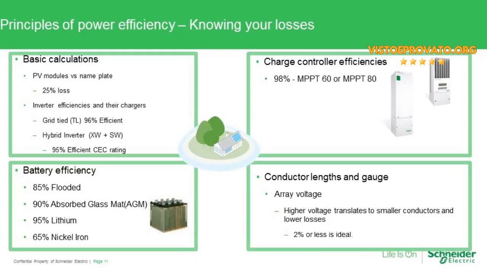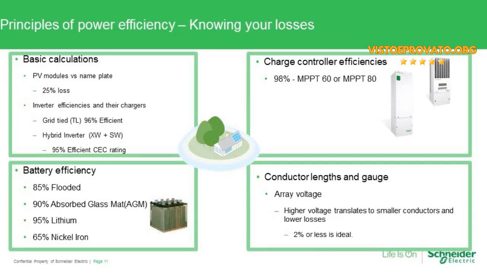Finally, with charge controllers, of course, they're very similar in efficiency to what a grid tie inverter would be. So 98% for the MPPT60 or MPPT80. And then finally, of course, that 2% that we're trying to keep under for a grid tied system, or for an off-grid system when running our conductors, or even a grid tied with battery backup system.